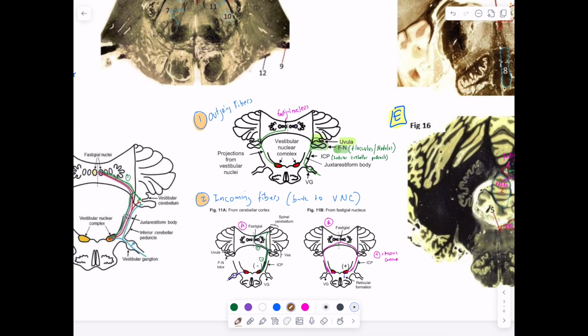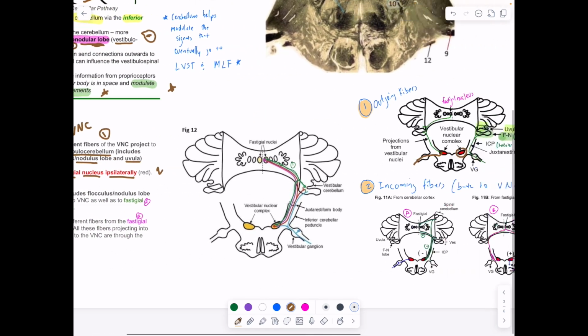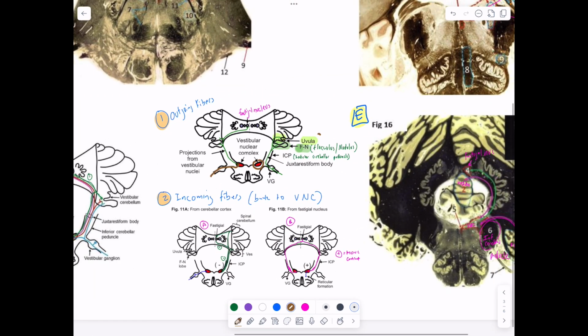Here we have our vestibular nuclear complex, right? So we have our vestibular nerve coming in, it synapses there, then it can go to 2 different targets overall, all right? One of them is right here. We'd call this the vestibulocerebellum, which includes the uvula and then the flocculus and nodulus.